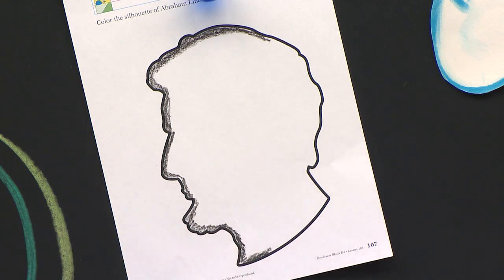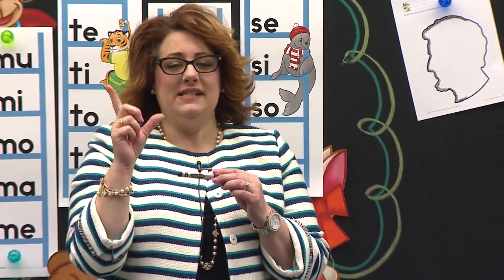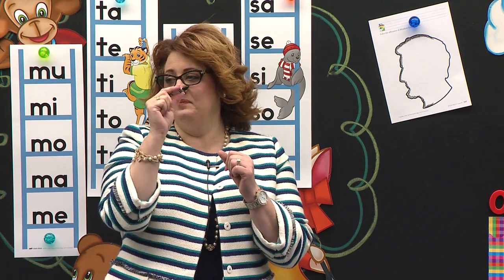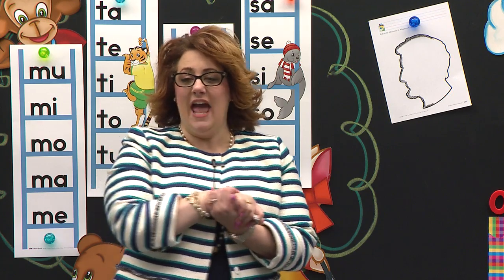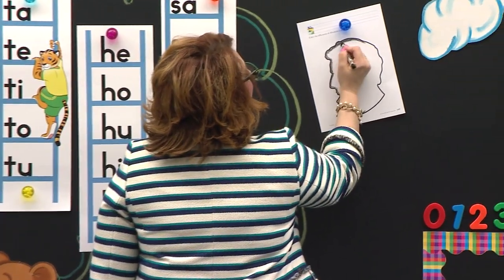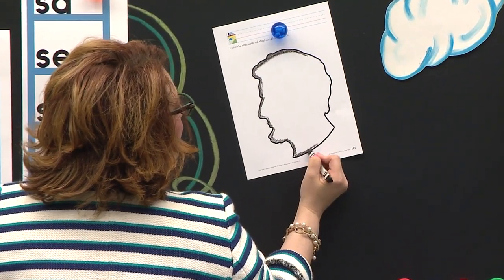Black crayon, check. Let's go around the edges of Honest Abe. Let's go around the edges first. So start at the top and do what I did. Go all the way around. I'm going to keep going on my paper.